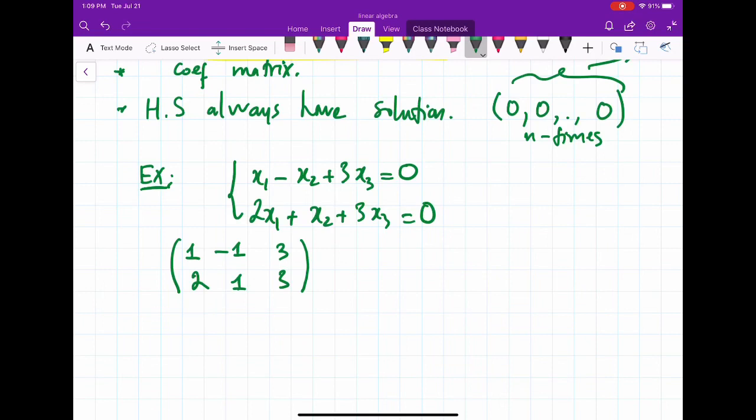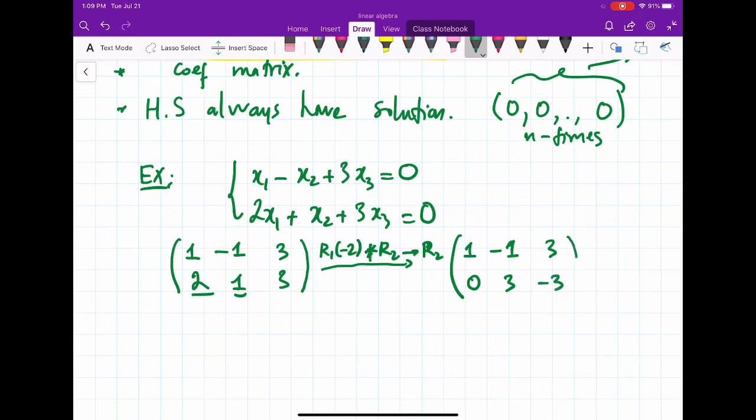Okay, let's get the reduced row echelon form from here. I will multiply the first row by -2 and add to the second. Then I get 1, -1, 3, and 0. Here I will get -2 times -1 is 2, 2 plus 1 is 3. -2 times 3 is -6, plus 3 is -3, right?